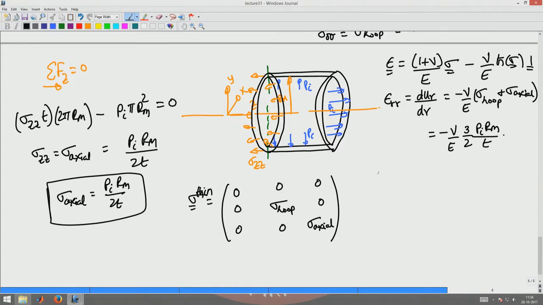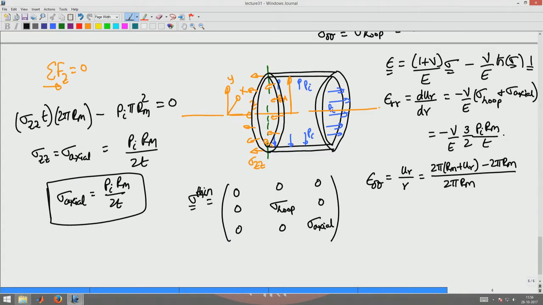Epsilon theta theta, which from the previous lecture we found as ur by r, is the change in the circumference divided by the original circumference of the cylinder. Change in circumference would be given by 2 pi Rm plus ur, the radial displacement of the center line of the vessel, minus 2 pi Rm, the original circumference of the cylinder, divided by 2 pi Rm.